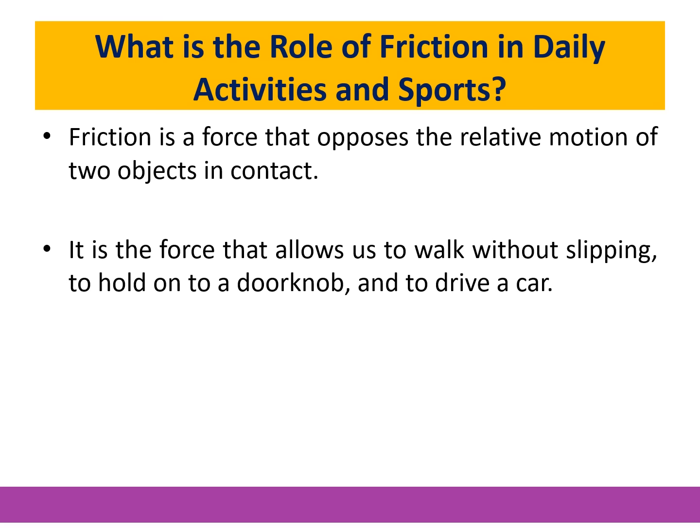It is the force that allows us to walk without slipping, and we talked about the ballet dancer example, to hold a doorknob, and to drive a car. We need to make sure the coefficient of friction of the doorknob allows us to use it without slipping.